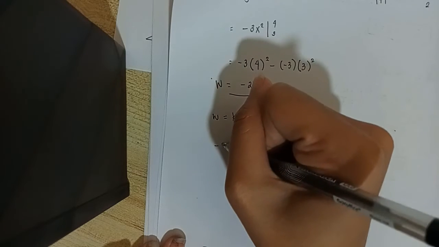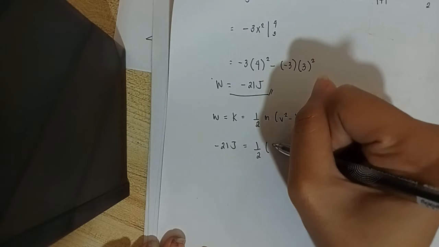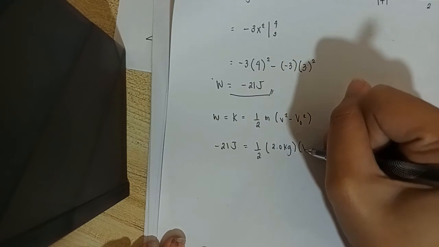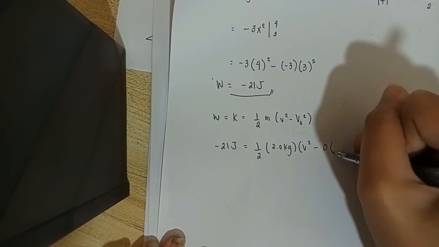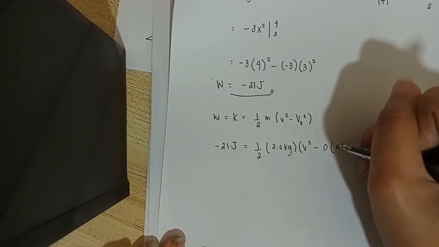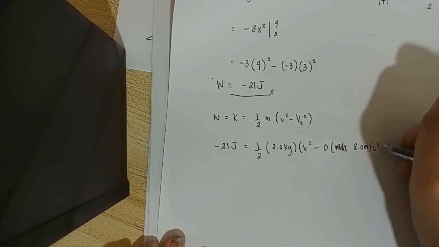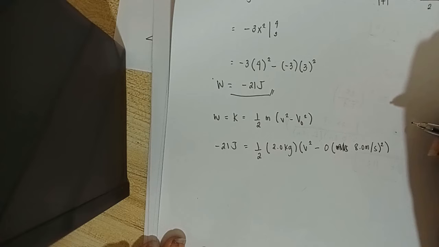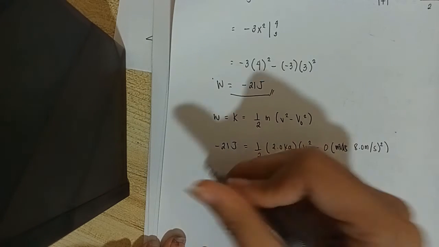So our work would be negative 21 joules equals 1/2 m, which would be 2.0 kilogram, multiplied by v squared, which is unknown because we're looking for the velocity, minus v sub 0 squared, which is 8.0 meter per second squared. So v squared is our unknown.